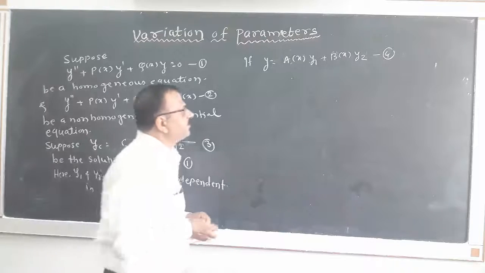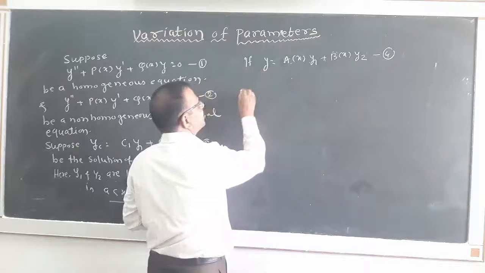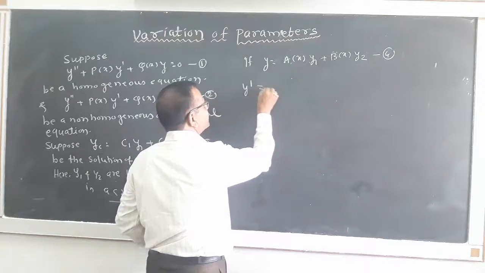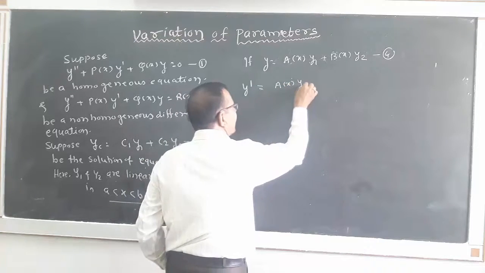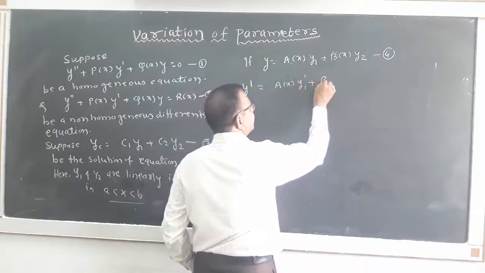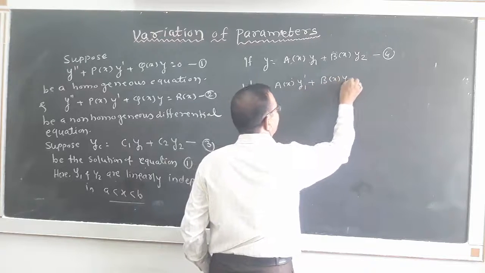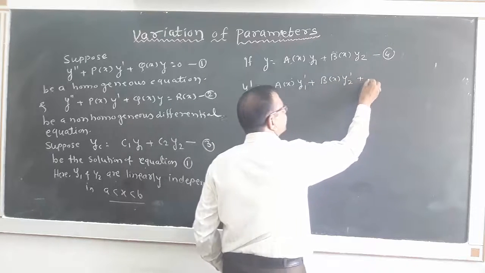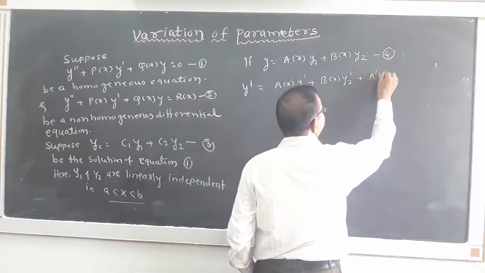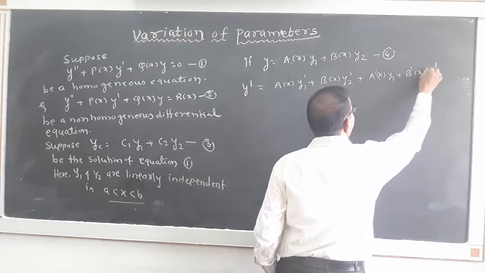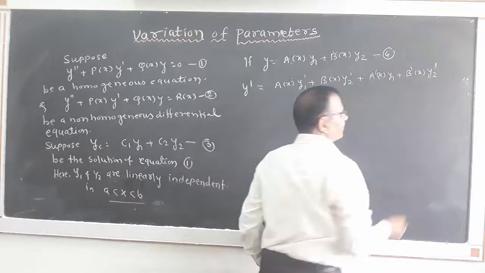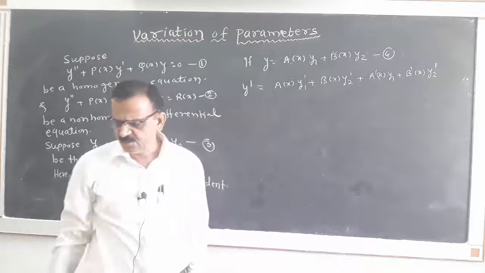Now, if we differentiate this equation, what will we get? y dash equal to a(x) y1 dash plus b(x) y2 dash plus a dash(x) y1 plus b dash(x) y2.